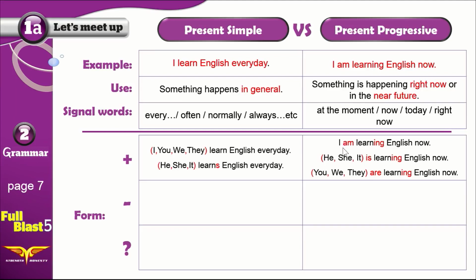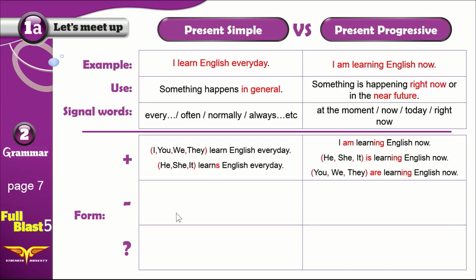If you are using I, then you say I am. If you are using he, she, or it, then you use is. He is, she is, it is. If you are using you, we, or they, you use are. You are, we are, they are learning English now. Add ing to the verb.